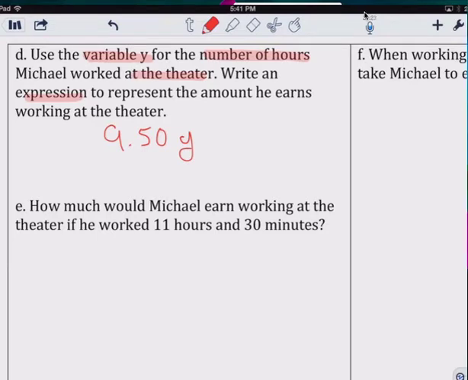If he worked 11 hours and 30 minutes, well, 30 minutes is 0.5, so that's 11.5 hours. So 9.50 times 11.5.